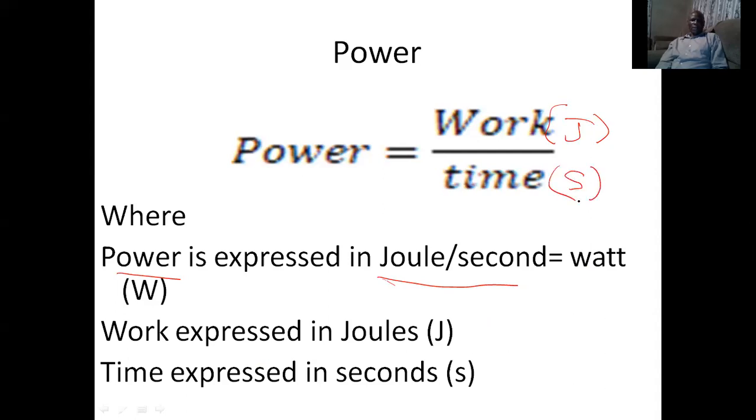Therefore, it can be expressed as joules per second. And joules per second is a quantity which is known as the watt. So this is a basic equation which can enable us to calculate power.